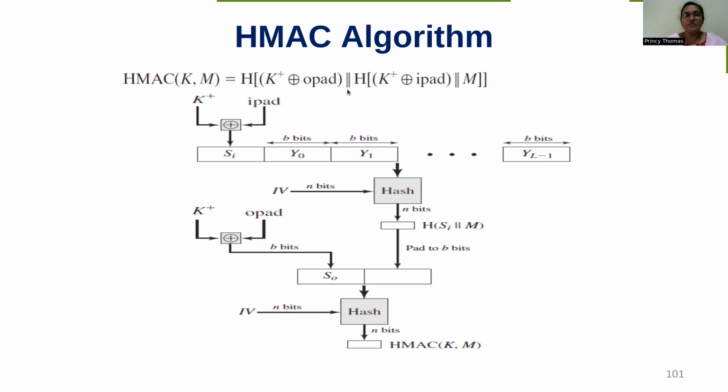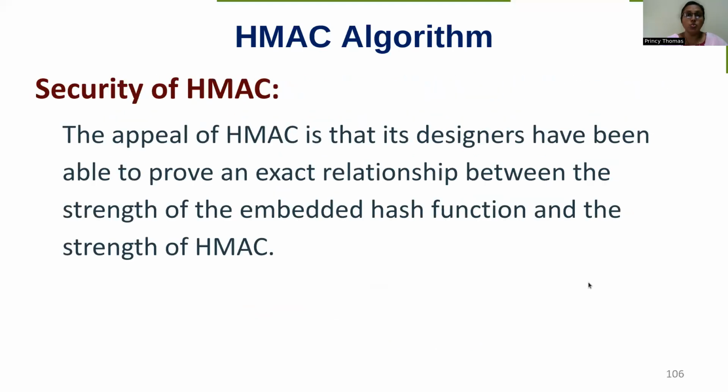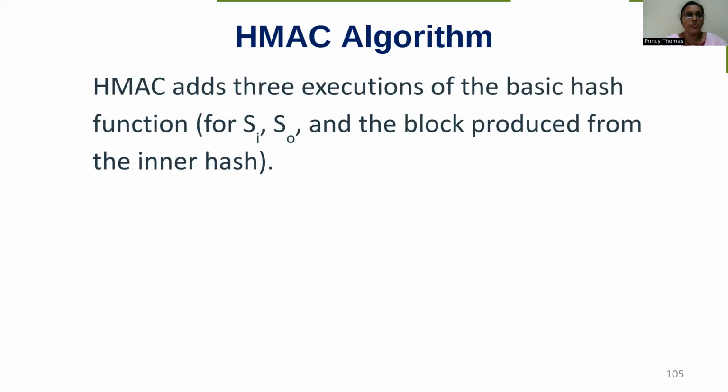And then after this hash value has been appended, there is a hash for this also. Before that, to get SI and SO, the K plus and all that must be done. That is a different step. So there are basically 2 hash values, not 3.